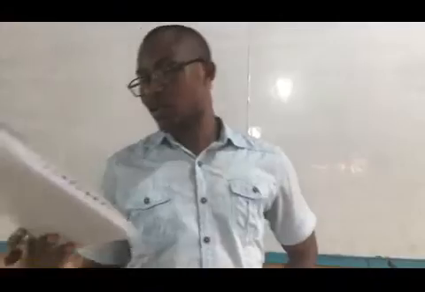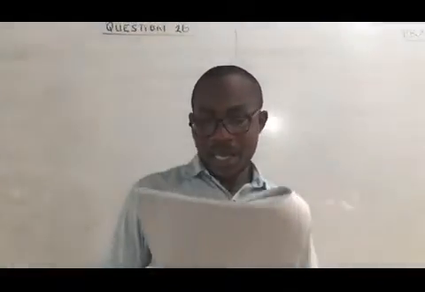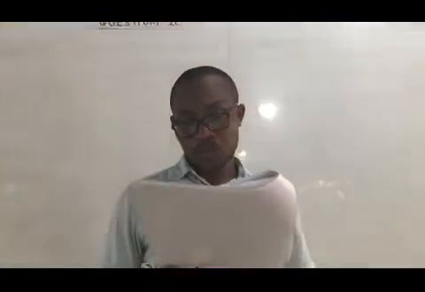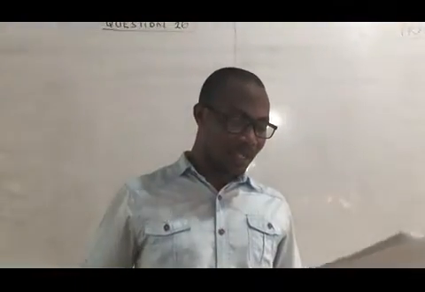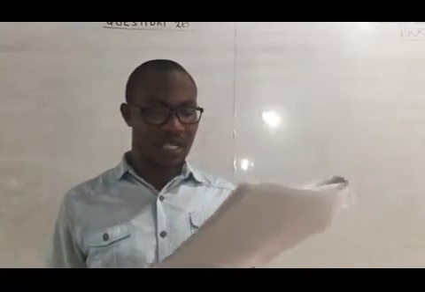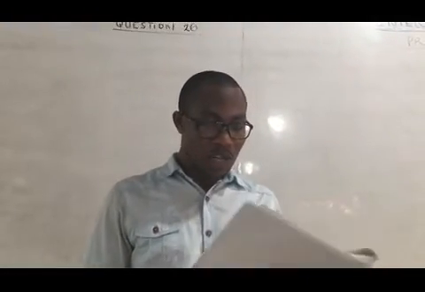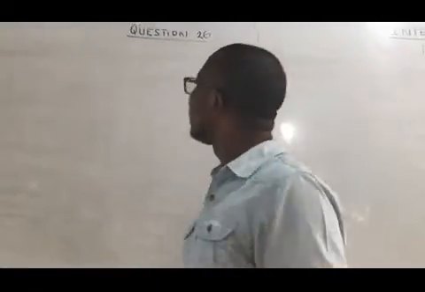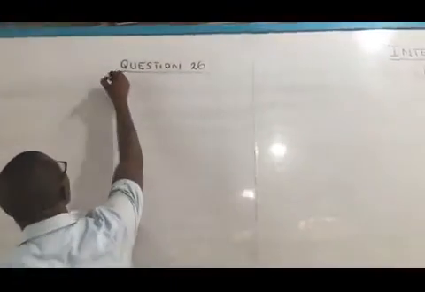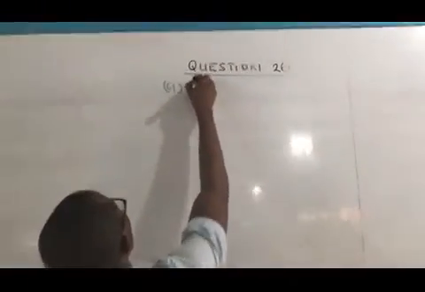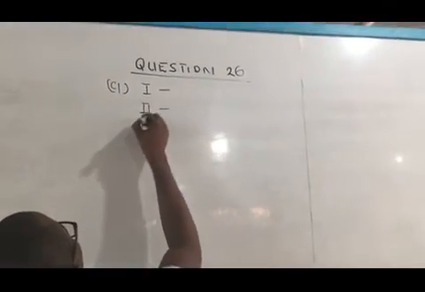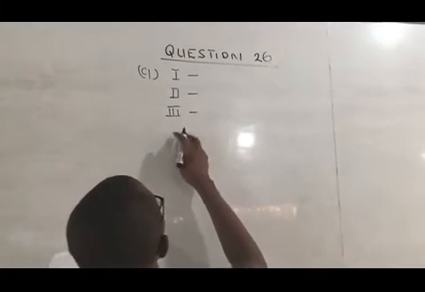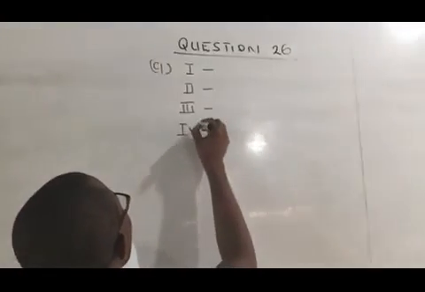So you have the two diagrams, A and B. It is the same skin, but we have different features illustrated in A and different features illustrated in B. Question A says, name the parts labeled I to IV.